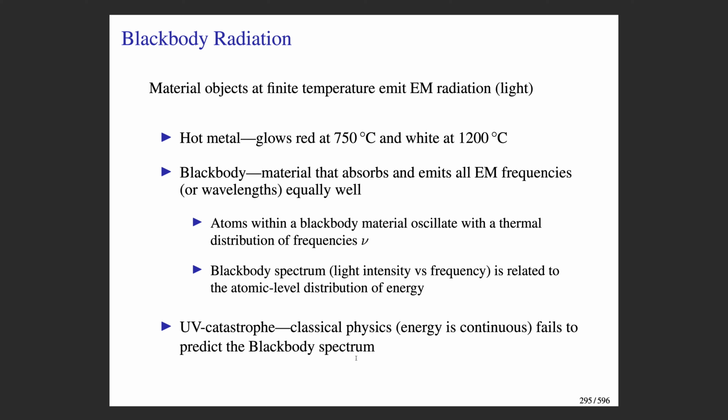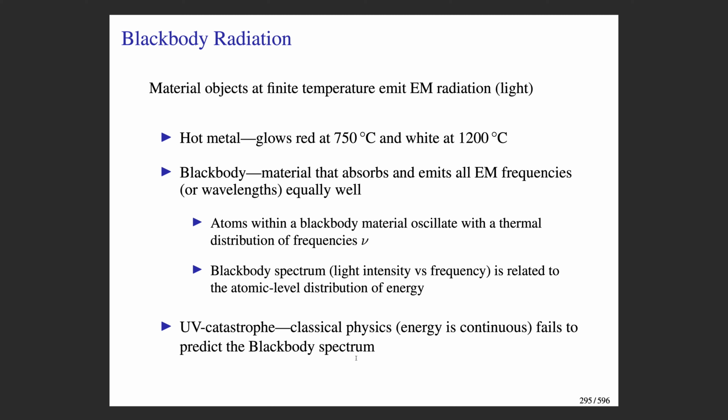So there's a thermal distribution of vibrations happening within the material object involving these atoms. And the blackbody spectrum, the electromagnetic radiation that you observe for this object at a finite temperature, is related to the distribution of energy within the object, the atomic level distribution of energy within the object.